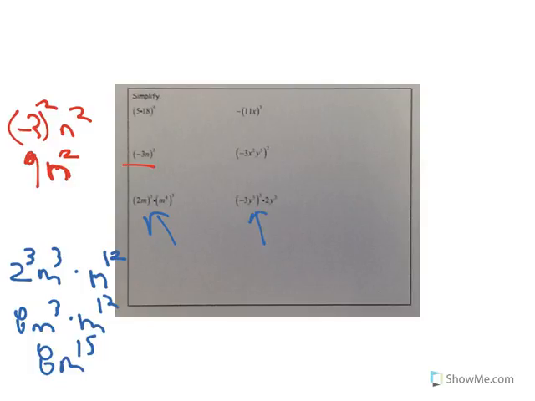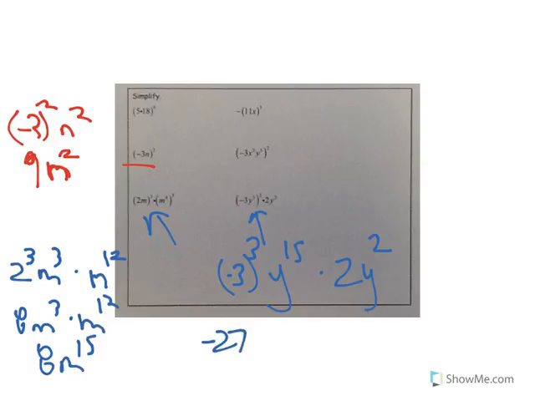Same sort of thing here. You're going to go ahead and do this to the 3rd power here, so it's going to be -3 to the 3rd power. But here you've got a power to a power, so it's going to be a multiplication there, so it's going to be y to the 15th power times 2. So that's sort of like the other problem, it's just reversed. So -3 times -3 times -3 is going to be -27.